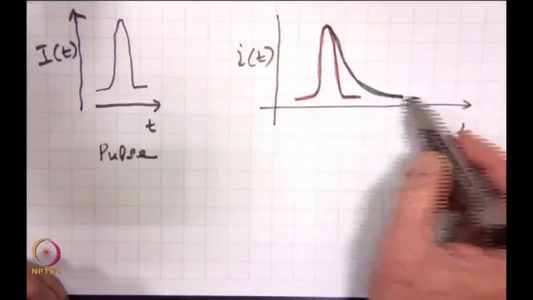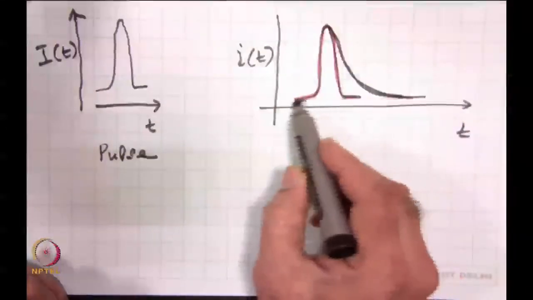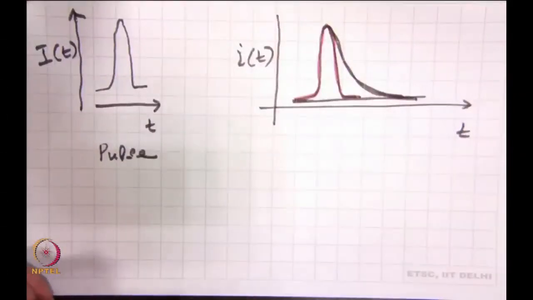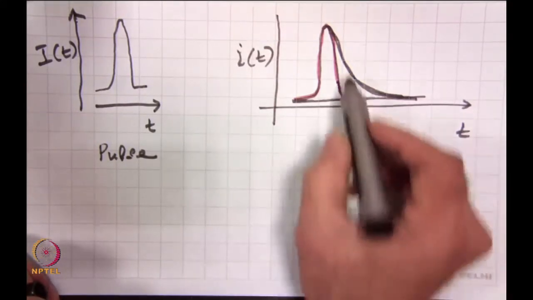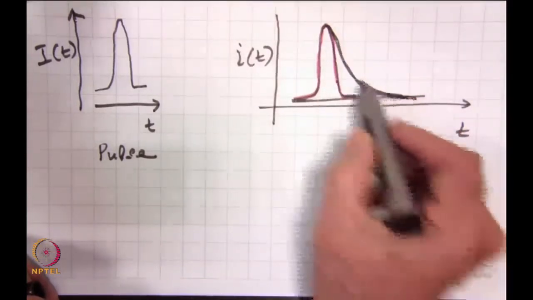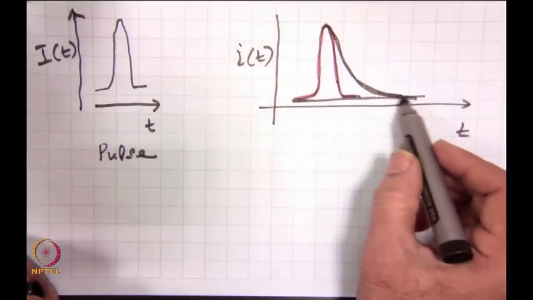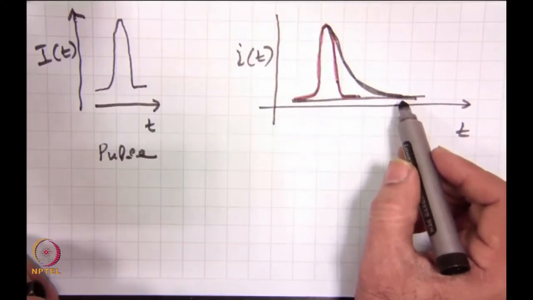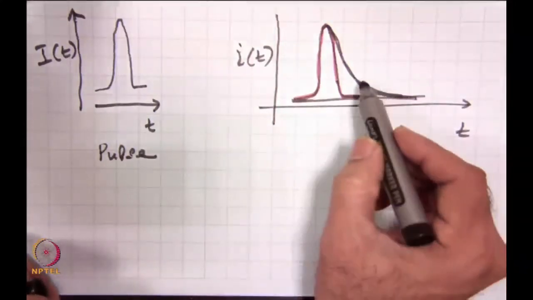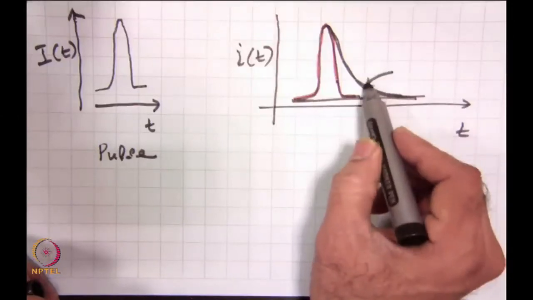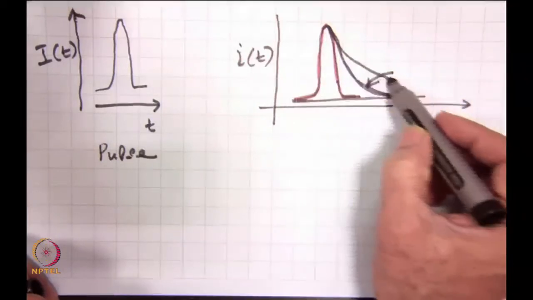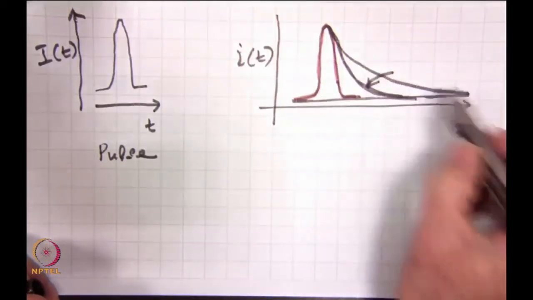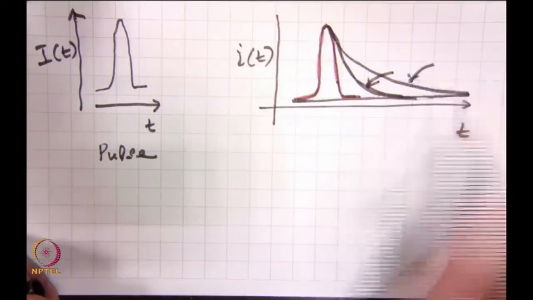a finite time over which the pulse continues even after the incident pulse has been absorbed or has passed through. So, this tail here is because of the carriers which are there in the medium. With reference to the avalanche process, a drop which is slow here corresponds to how fast the avalanche process quenches.